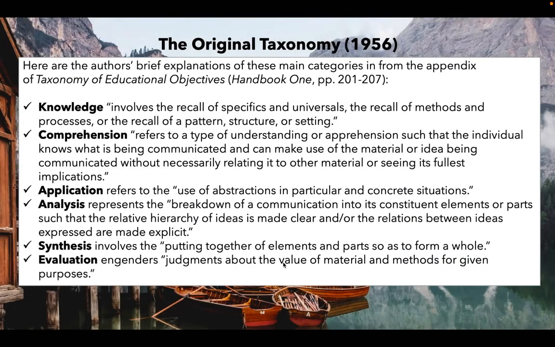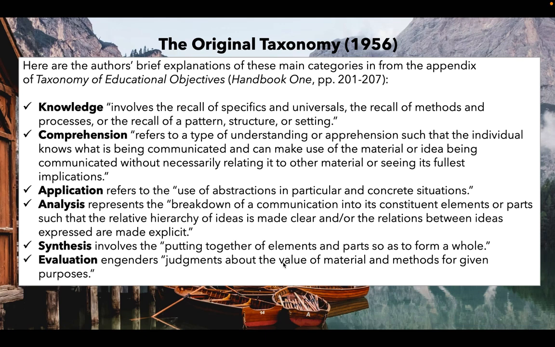The original taxonomy, 1956. Here are the authors' brief explanations of these main categories from the appendix of Taxonomy of Educational Objectives. The first one is knowledge. It involves the recall of specifics and universals, the recall of methods and processes, or the recall of a pattern, structure, or setting.